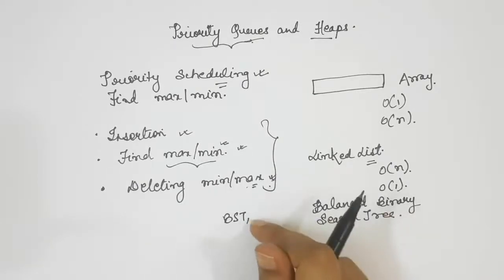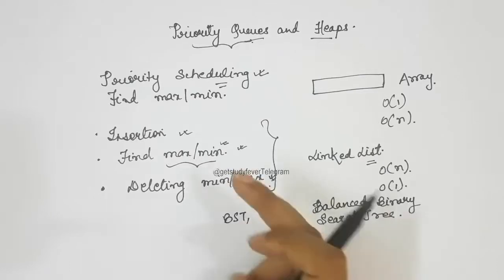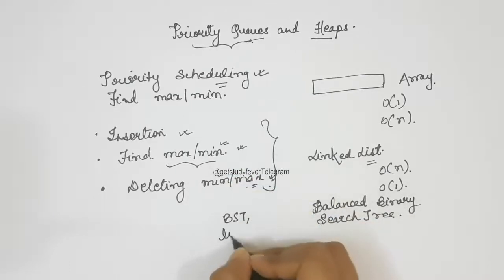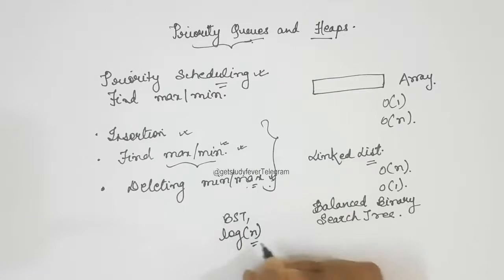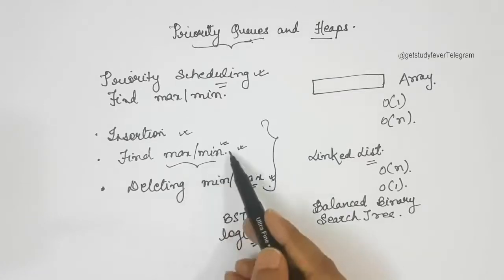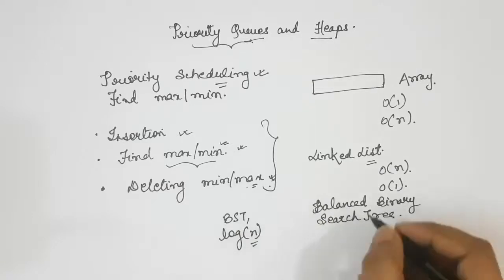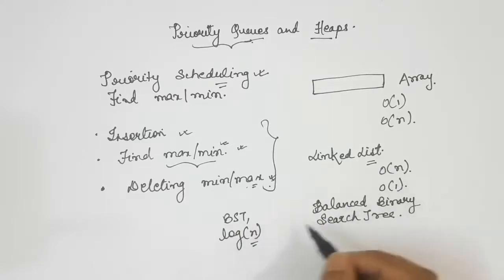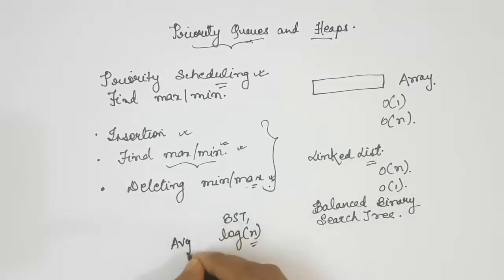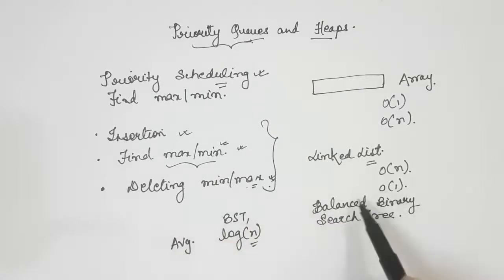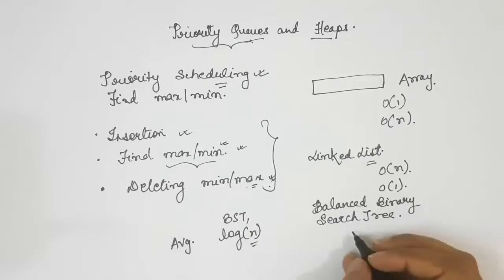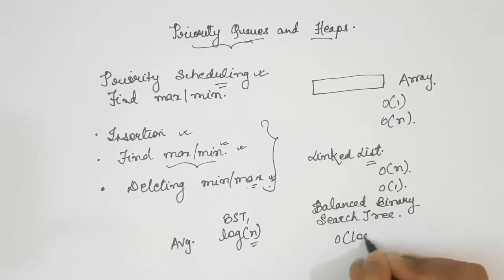For a BST, the average time taken for insertion and deletion will be log of n, as well as the time taken for finding minimum or maximum. We have seen this in the previous chapter. This is the average case scenario. The worst case scenario can be O of n as well. In a balanced binary search tree, the worst case will be O of log n.